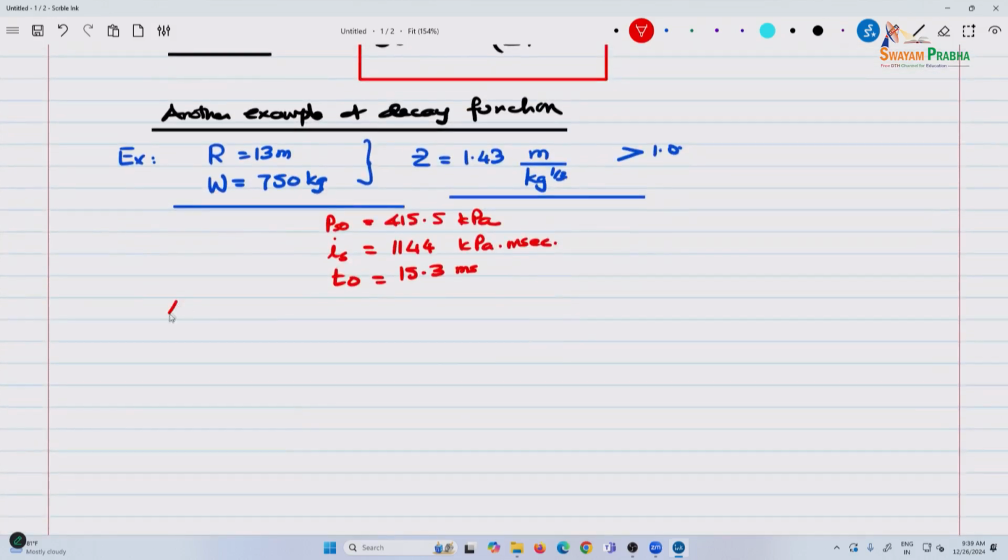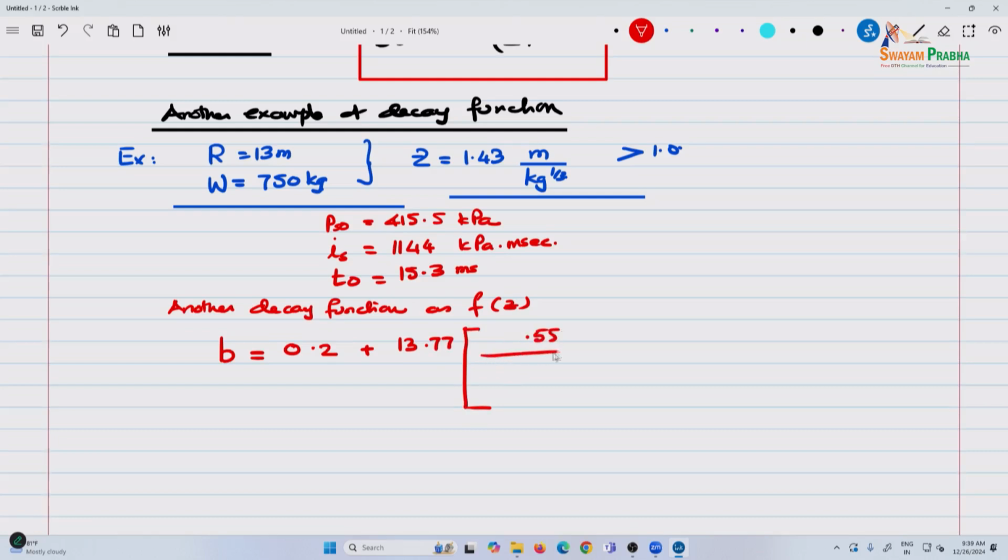So there is another decay function, and this decay function is expressed in terms of Z. It's given as B equal to 0.2 plus 0.55 divided by 1 plus e power (Z minus 1.13) divided by 0.18, plus 1 minus 0.55 divided by 1 plus e power (Z minus 1.04) divided by 1.83.